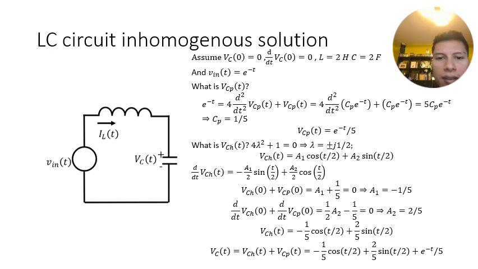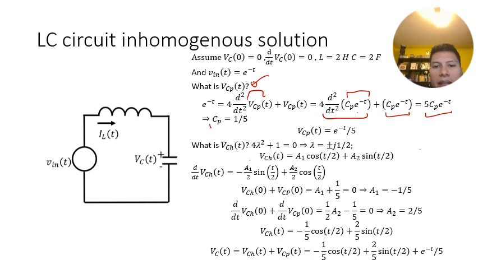So first, we solve for V particular. Like I said, our initial guess will be that Vc particular is of the form a constant times e to the negative t. Then we take the second order derivative, and that's just going to give us 1, and then this will give us 1. So we have 5 e to the negative t, and that's where we got the 1/5 in the previous slide.